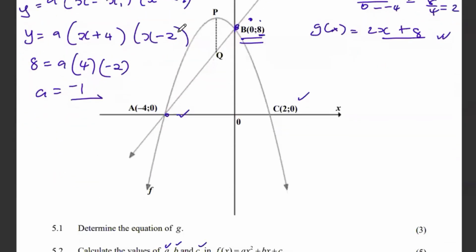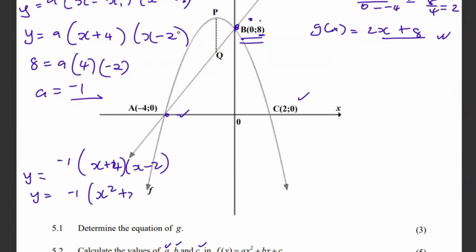If that is correct, then we open it up. Negative 1 into x plus 4 into x minus 2. So we're going to have negative 1 into x squared plus 2x minus 8. Negative x squared minus 2x plus 8.